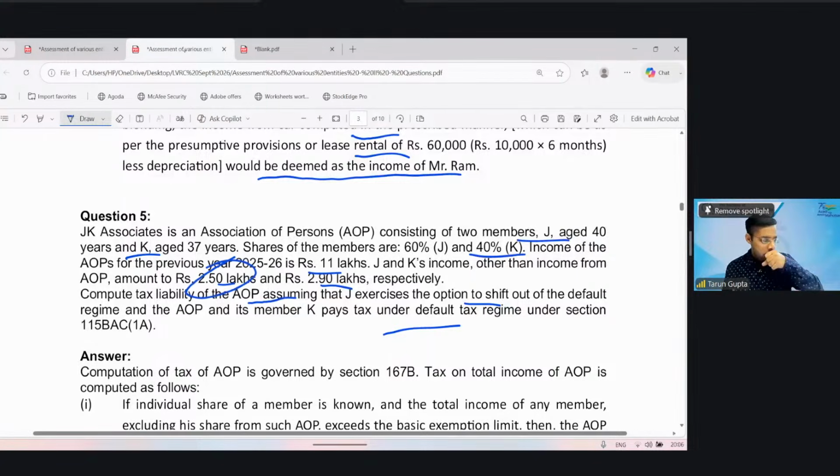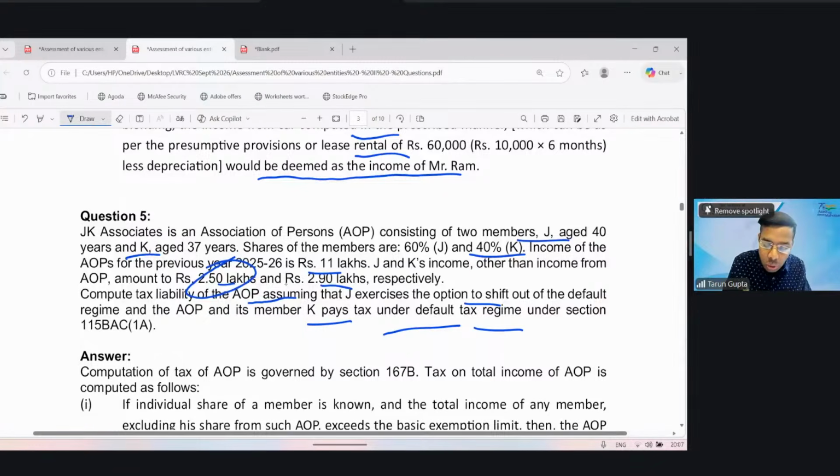K has another income of 2.9 lakh. If K had opted for the old regime, then his income would have exceeded the basic exemption limit. But the question said that K pays tax under default regime, the new regime, and the basic exemption limit in the new regime is 4 lakh.